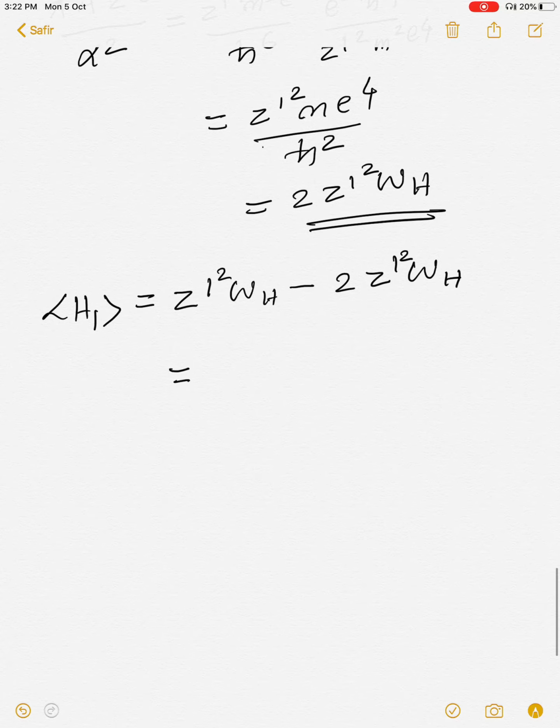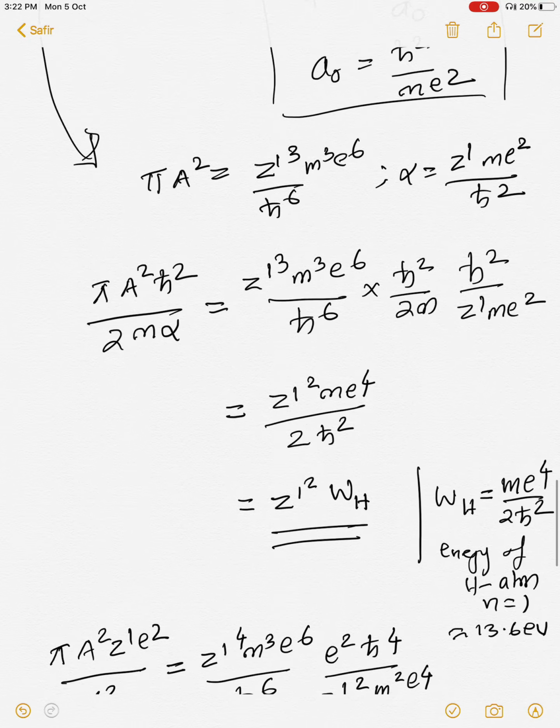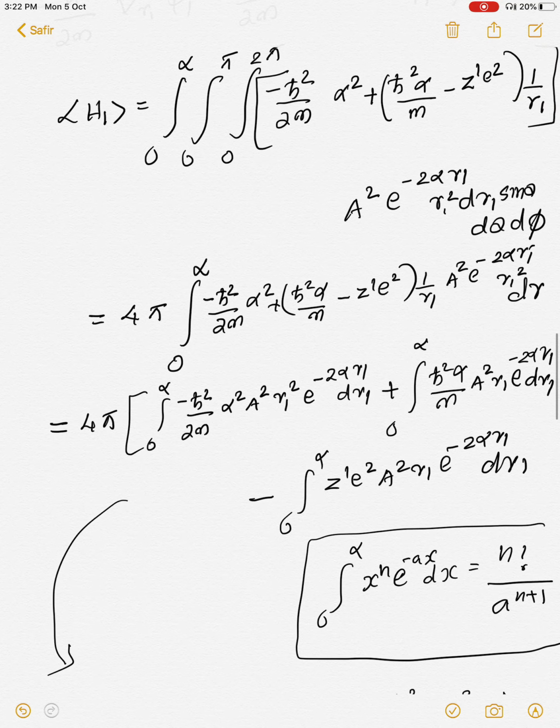So it is nothing but I got a value. So this is h1. So with the above integral procedure, we are done finding the integration of this one.